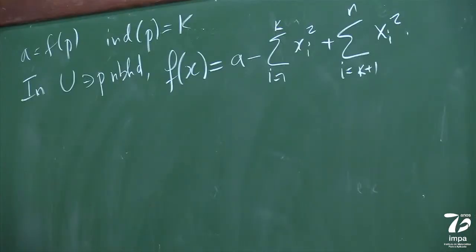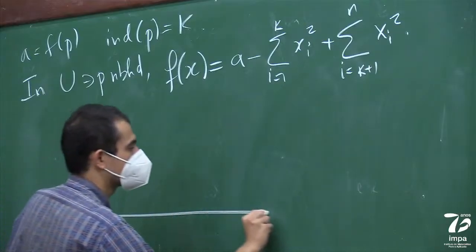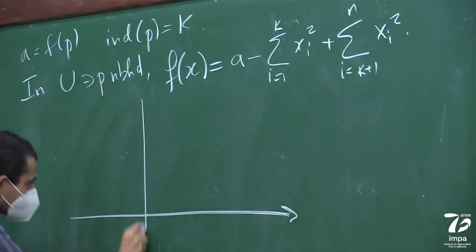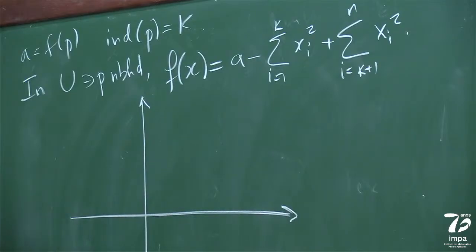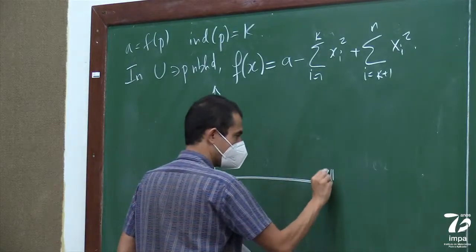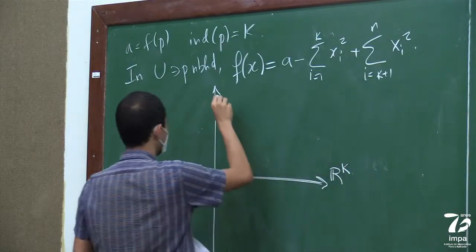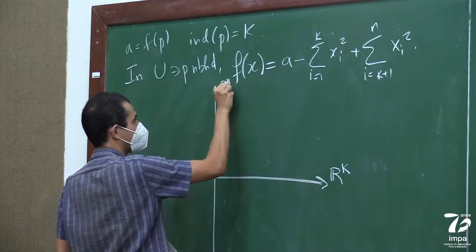And now I'm going to draw my picture. I'm going to draw the picture in 2 dimensions, but I think you'll see how this picture generalizes to higher dimensions. So this is my R^k, and this is my R^(n minus k).